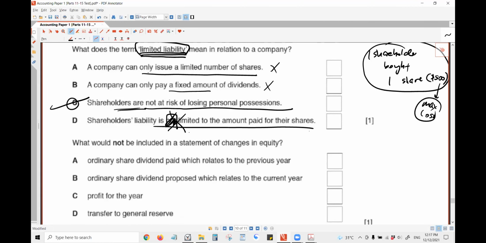Then next one. You tell me what is your choice. What would not be included in the statement of changes in equity? The big table that's very popular in exam for companies. I wait for you. What is your choice for this? Kelly has chosen. I wait for the rest.